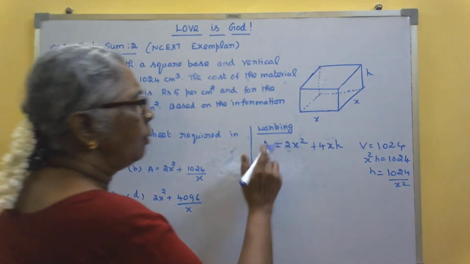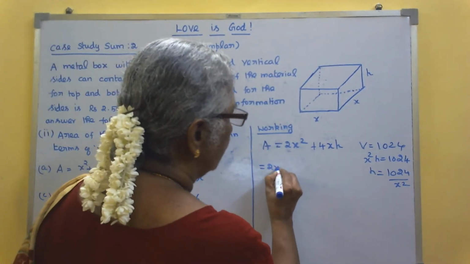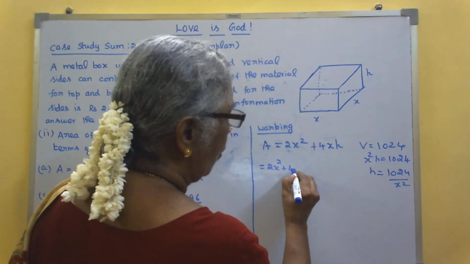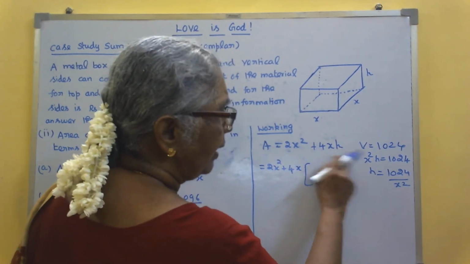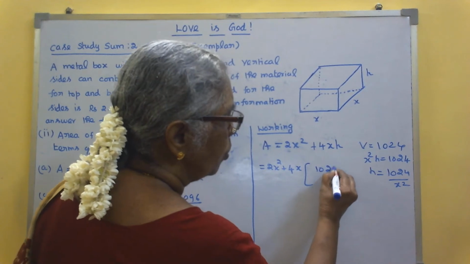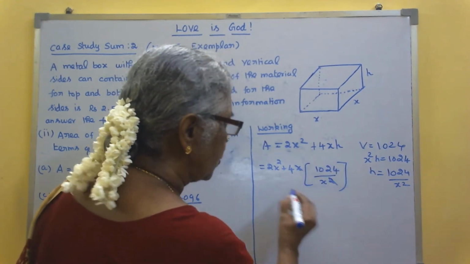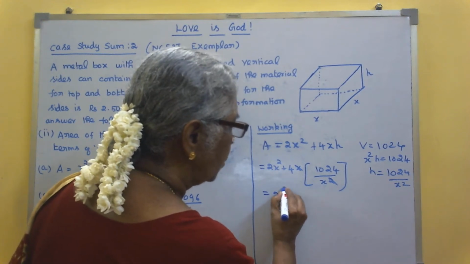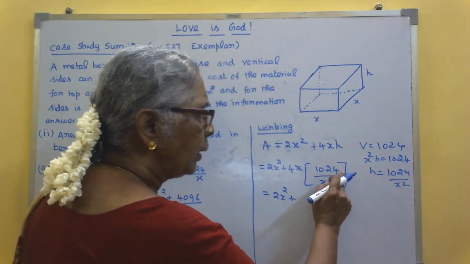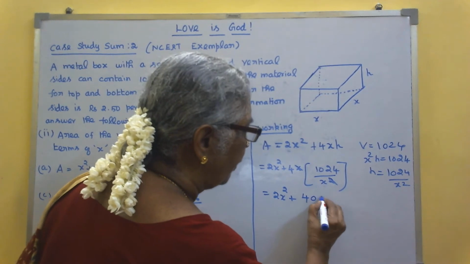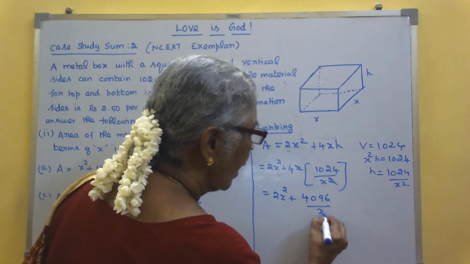So use that now. So now A is equal to 2x squared plus 4x into, for that h you write 1024 by x squared. One x will get cut, so you will get 2x squared plus 4 into 1024, that will be 4096 by x.